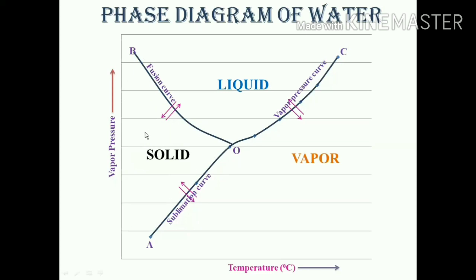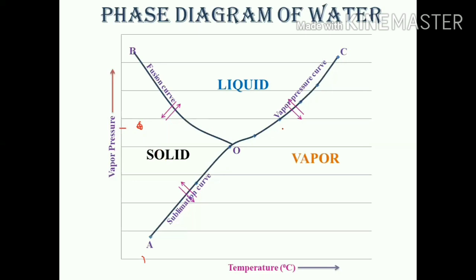If I make a point over here corresponding to the temperature along the x-axis and the vapor pressure along the y-axis, what information do I get from here? The phase diagram will give me the information that this point is explaining the solid state of water, that is ice. I am getting the temperature and the pressure of that state of water, which is actually solid, which is actually ice.